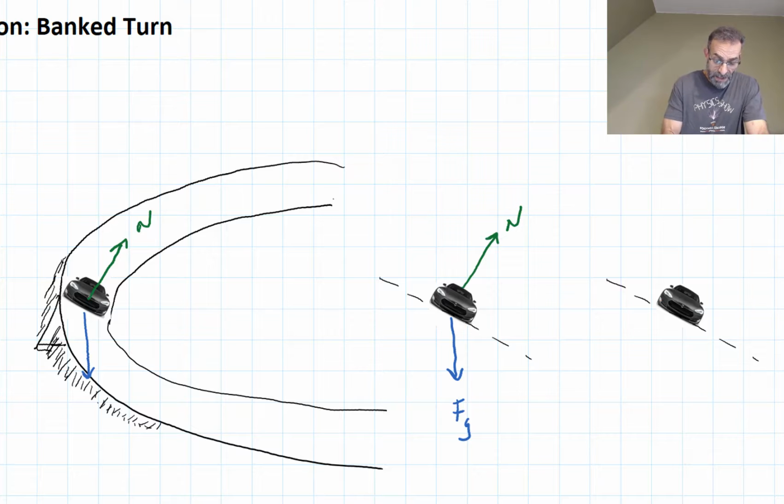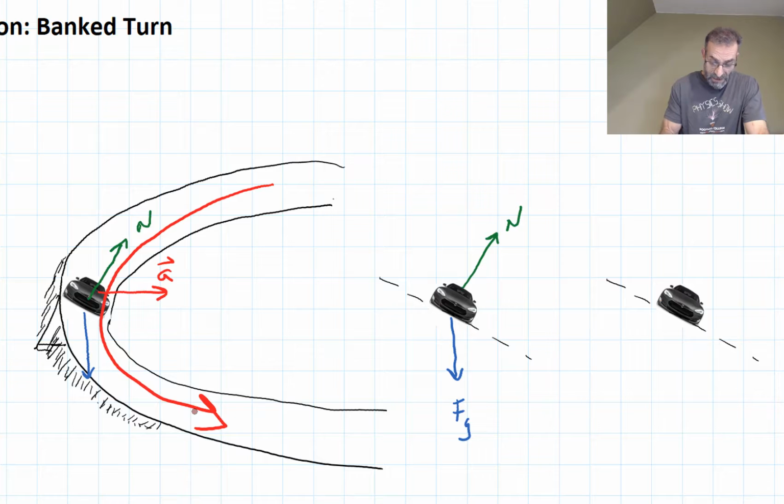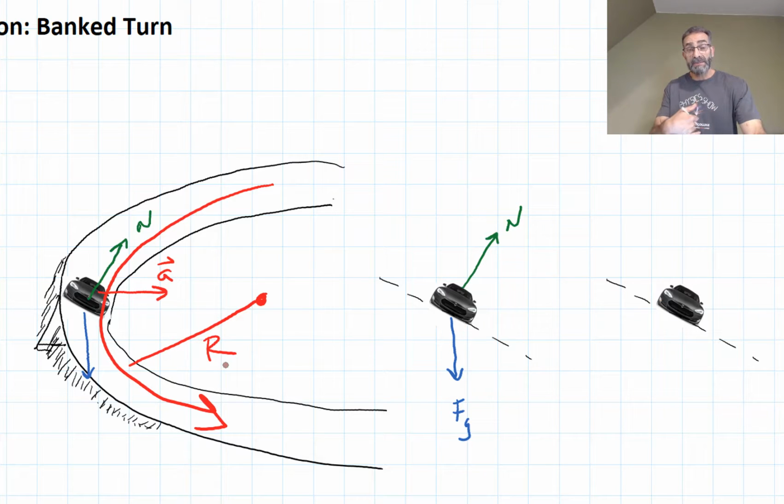And our acceleration is going to point toward the center of the circular path. The car is going in a circular path, and the center of the circular path is over here. And this is the radius of the circular path the car is taking.